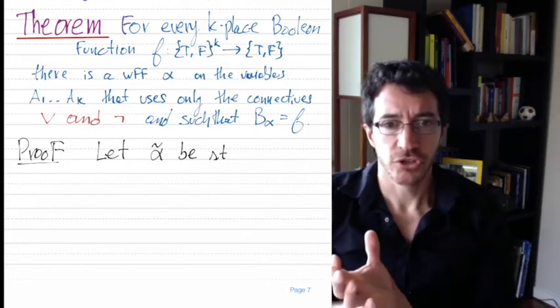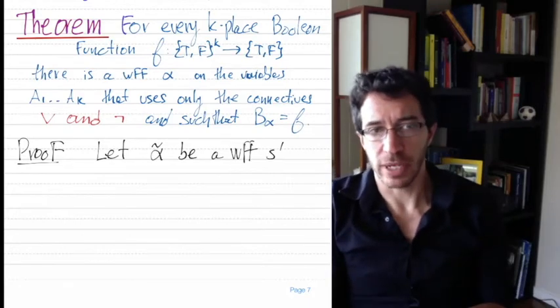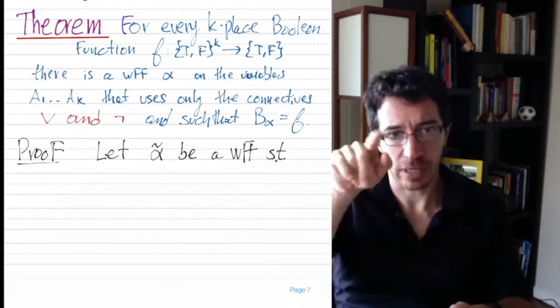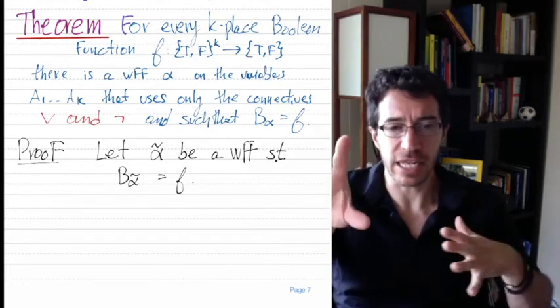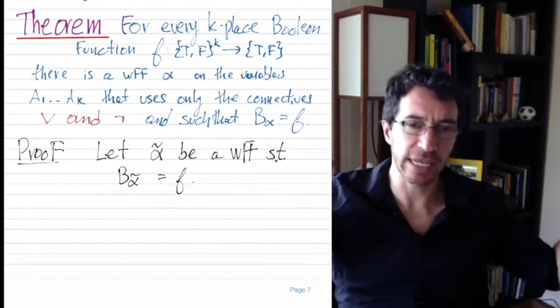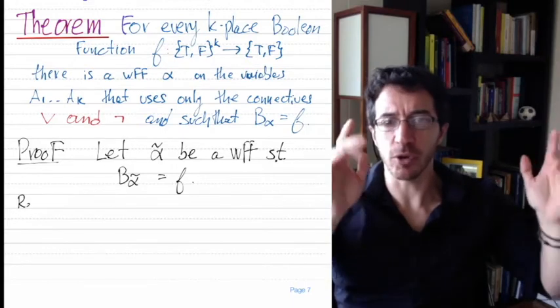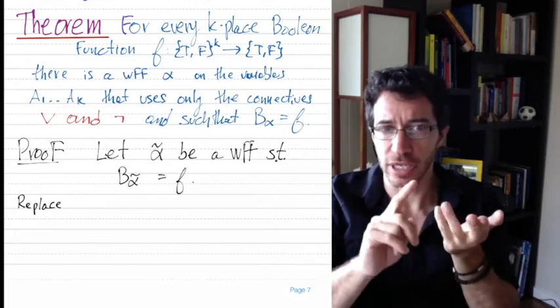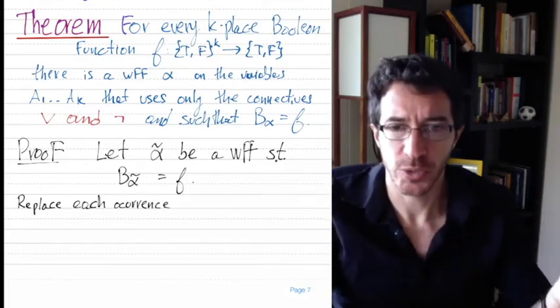Here is the proof. We already know that there is a well-formed formula, let's call it alpha tilde, whose Boolean function is f. In the proof we did before, we only used ands, ors and nots, but let's suppose this one uses anything.